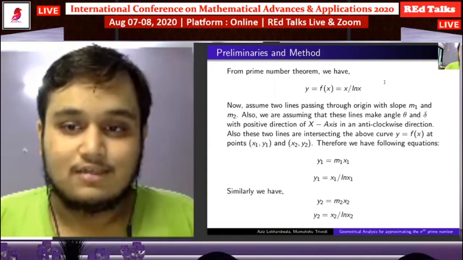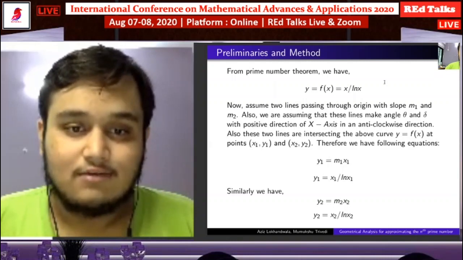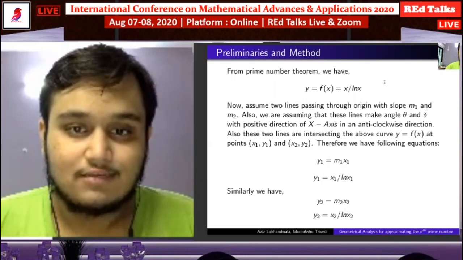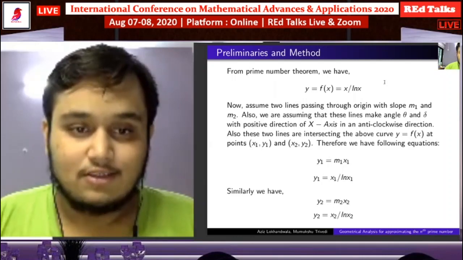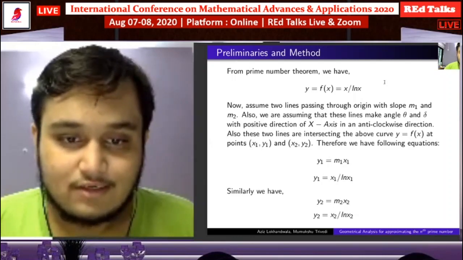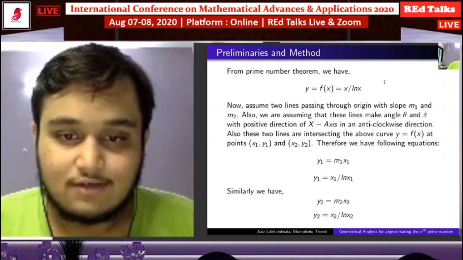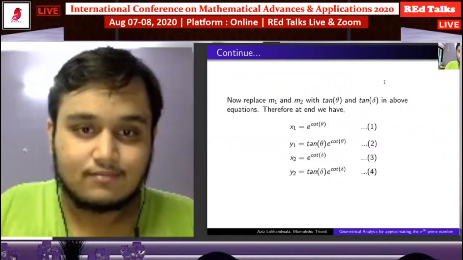Also, these two lines intersect y equal to f of x at x1 comma y1 and x2 comma y2. Now, because these two lines pass through origin, we can write y1 equal to m1 x1 and y2 equal to m2 x2. Also, because x1 and x2 are points on curve y equal to x over log x, we can write y1 equal to x1 over log x1 and y2 equal to x2 over log x2.